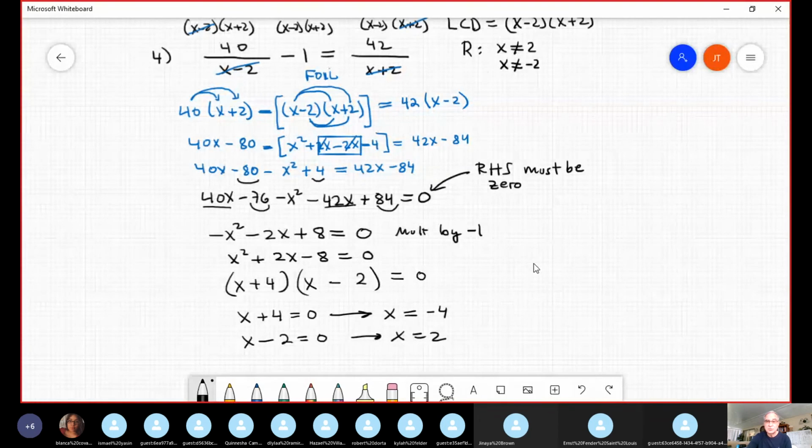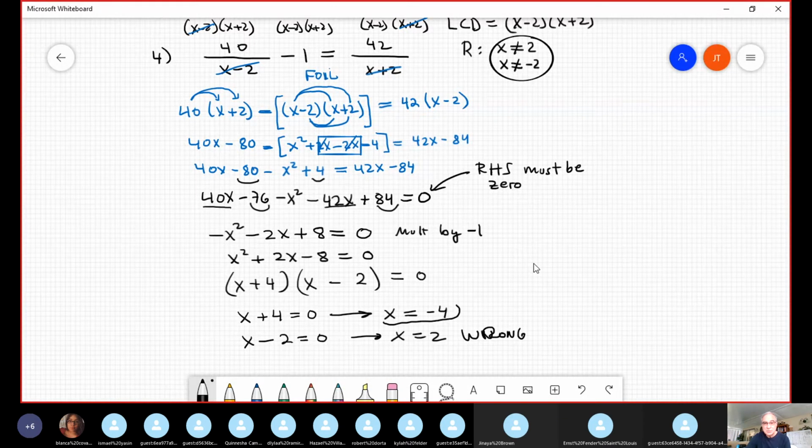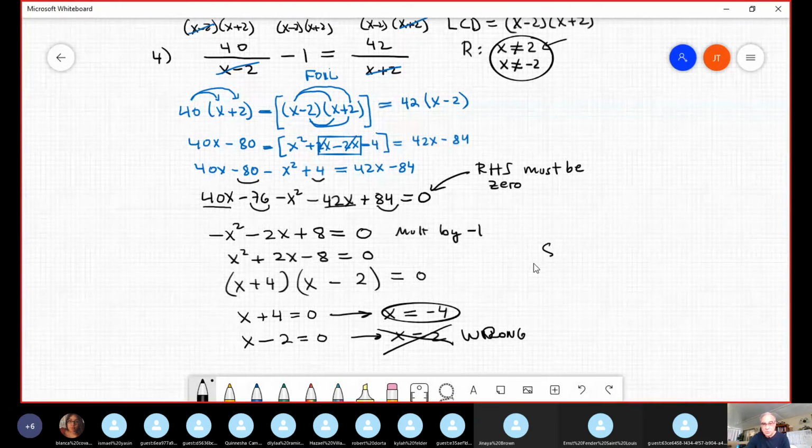In the restriction, you see it's illegal, +2 and negative. Therefore, mandatory, this is wrong. Actually, the only solution is this. I delete this 2 because 2 belongs to the restriction. Therefore, the solution set is just -1.